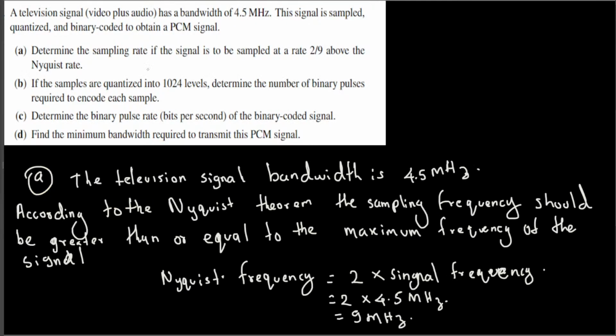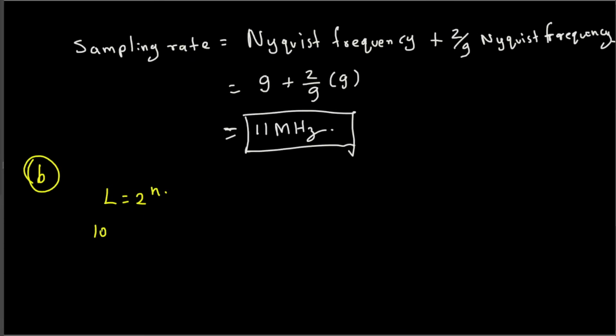Given the level 1024, we plug it in, and that is equal to 2 to the power n. Since 2 to the power 10 is equal to 1024, n is equal to 10. Therefore we need 10 pulses.